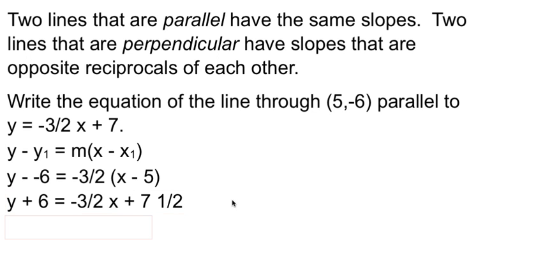Cleaning up, y plus 6 equals -3/2 x plus 7.5. Subtract the 6 over, and we get our final equation, y equals -3/2 x plus 1.5. You could have 3 halves here, it would be the same thing, or 1.5, any of the above.